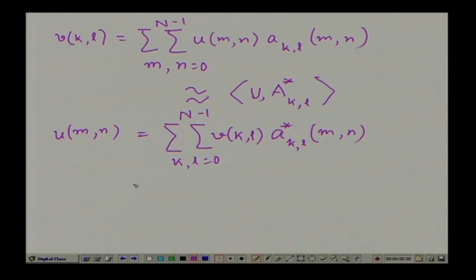In matrix form, this is written as U equal to the summation of V k L into A star k L, where both k and L vary from 0 to capital N minus 1.